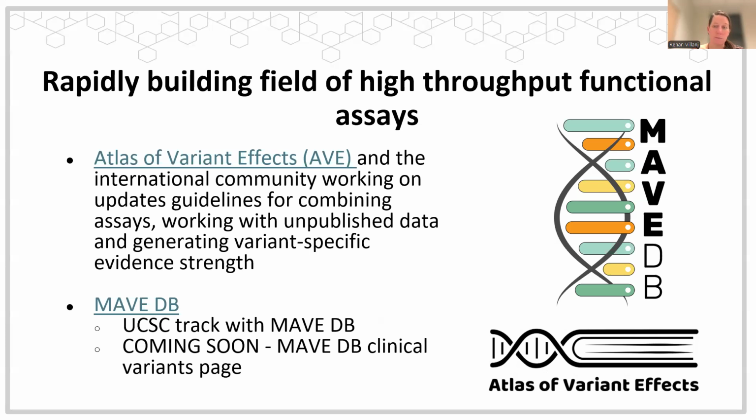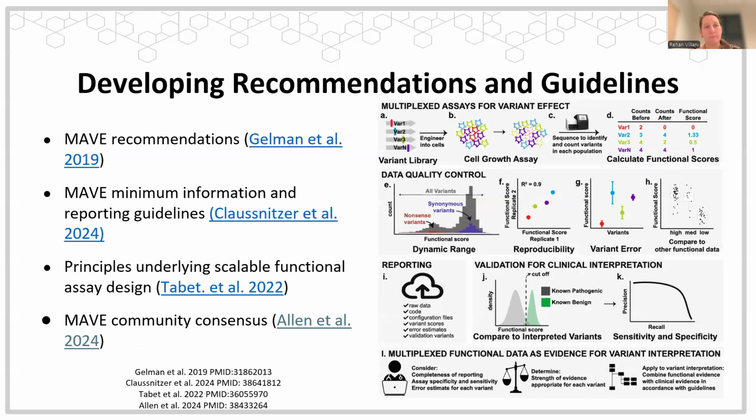MAVE-DB is also building a number of different use cases. They have a UCSC track, and soon there'll be a MAVE-DB clinical variants page. There's also the Atlas of Variant Effects, which is an international community. They're highly collaborative, and they're working on updating guidelines and means to generate, share, and use variant-specific evidence strength, especially in high-throughput assays.